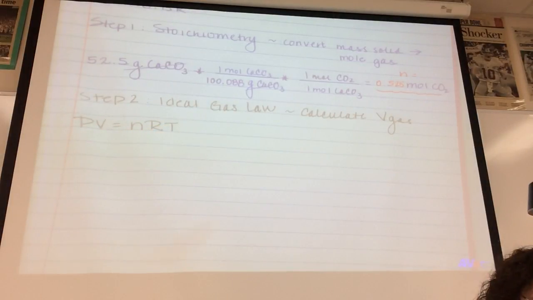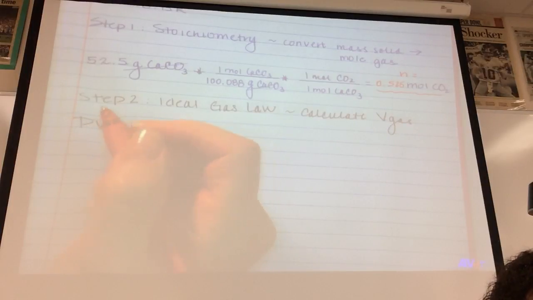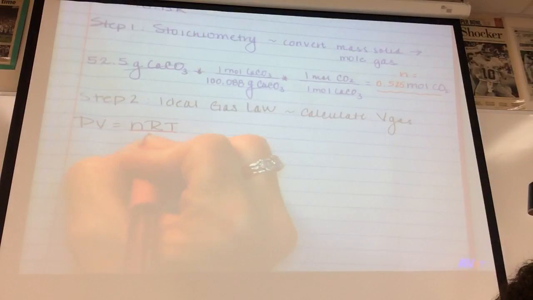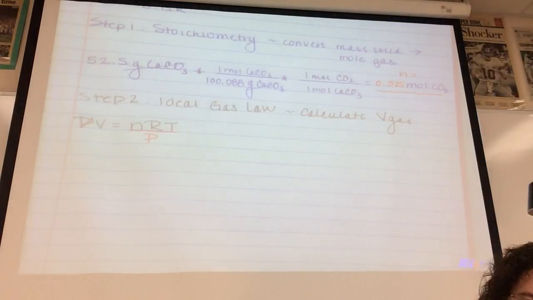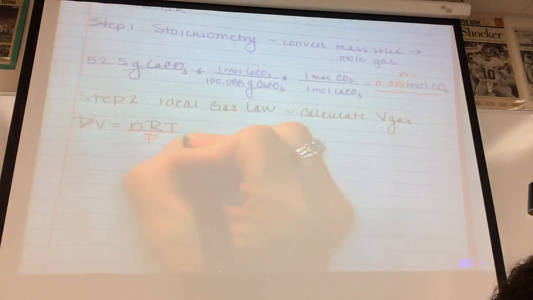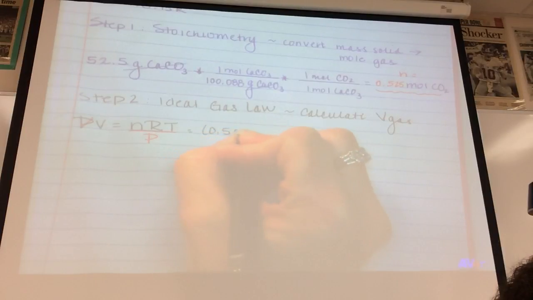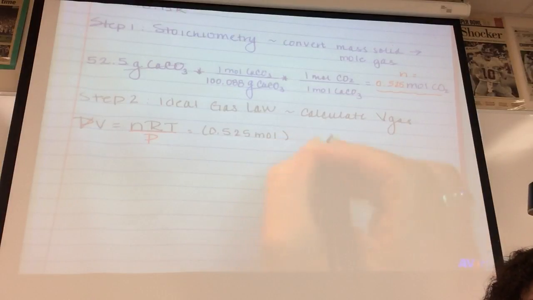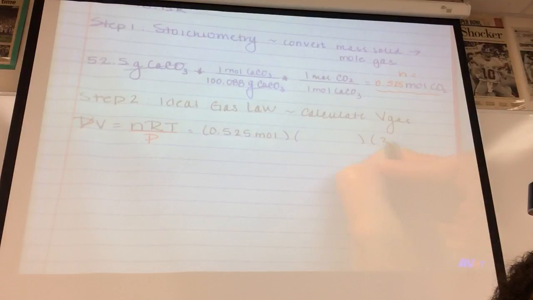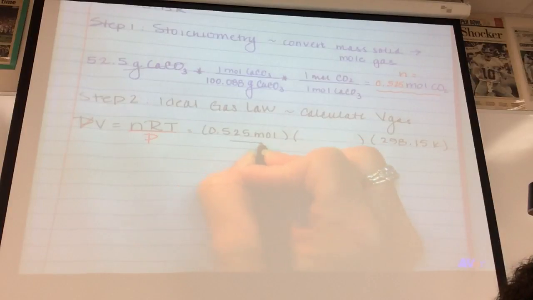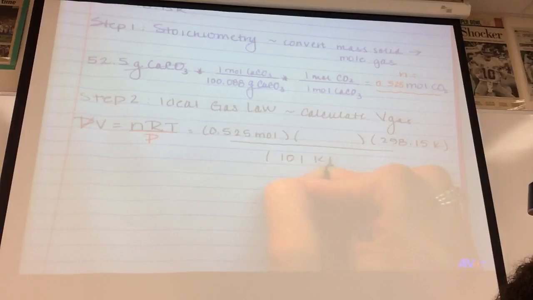I want to know the volume of carbon dioxide, so I will divide both sides by the pressure. You've got 0.525 moles of carbon dioxide, a gas. We'll get to R in a sec. The temperature is 298.15 Kelvin. The pressure is 101 kPa.